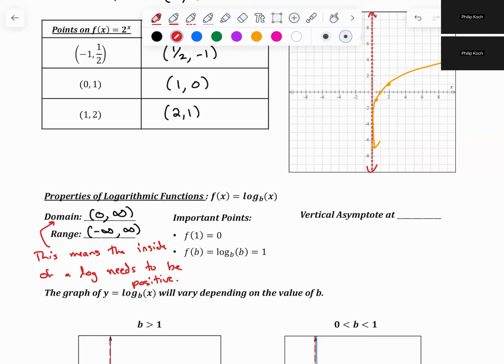The important points for a logarithm is that f of 1 is always equal to 0 for any base. So log base b of 1 is always 0. And then log base b of b is equal to 1. So we have the important points (1, 0) and (b, 1). And then it has a vertical asymptote at x equals 0.